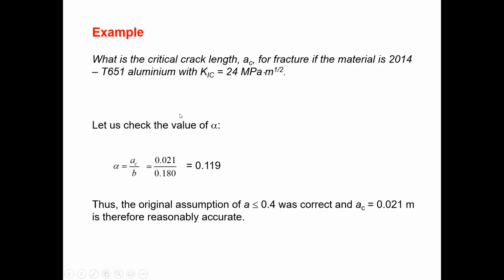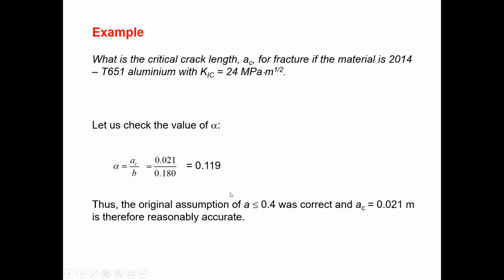After finding out the critical crack length, let us take the value for alpha. Then alpha they will check. So the alpha value with the critical crack length, a_c divided by B, the ratio is 0.119. That's the original assumption, that alpha less than 0.1 was correct. a_c is 0.21 meter here. Therefore it is reasonably accurate.